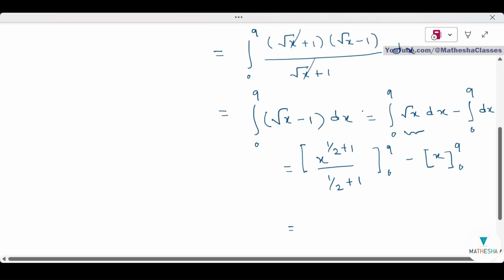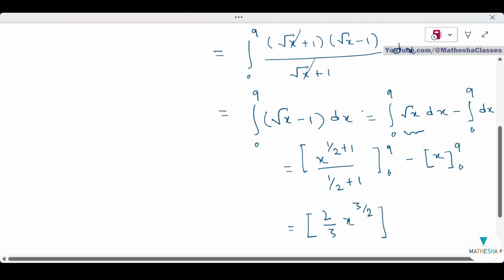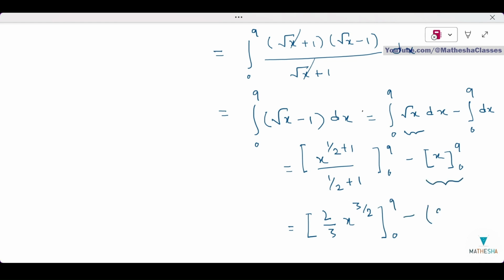So that is equal to 2/3 x to the power 3 by 2, 0 to 9, minus this part will be 9 minus 0.